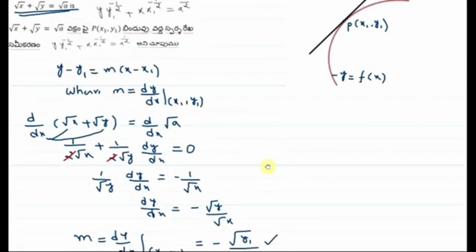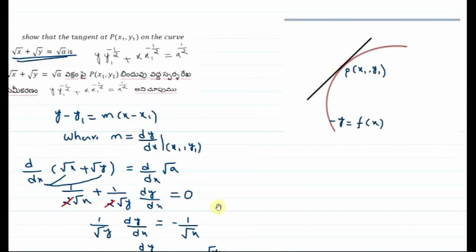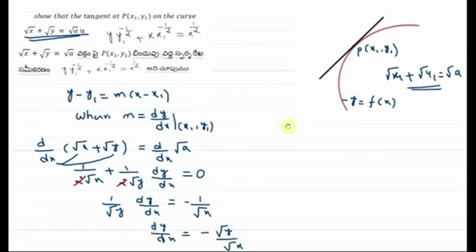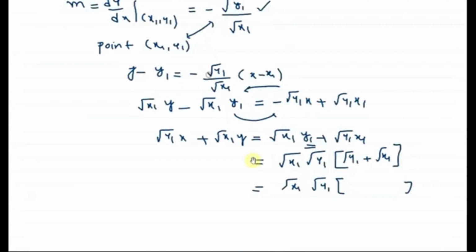Since the point lies on the curve, this point lies on the tangent as well as on the curve. Substitute the given point in the curve: root x1 plus root y1 is equal to root a.